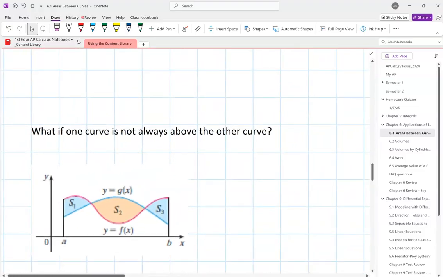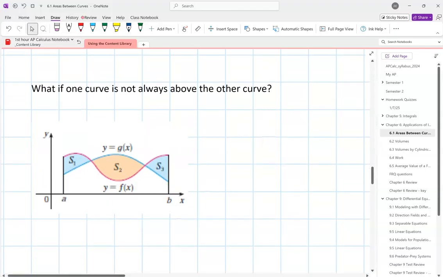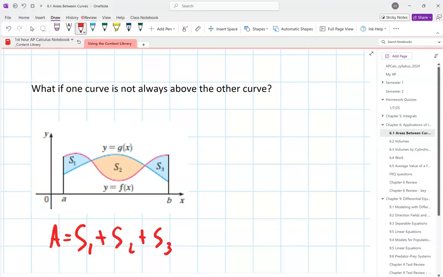What happens if one curve is not always on top of the other? Like, look at this picture. G of x is the blue one, f of x is the pink one. What are we going to have to do? Yeah, that's going to turn into 3 separate integrals, right? So I'm going to have to do this as S1 plus S2 plus S3. We'll call those C and D there.